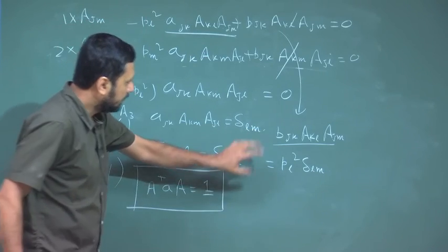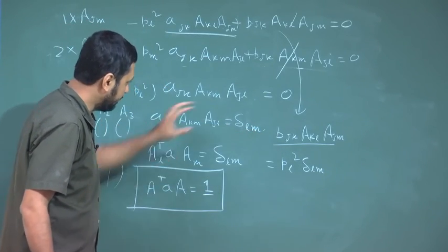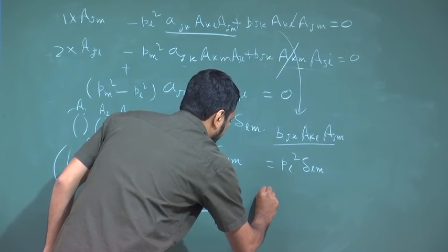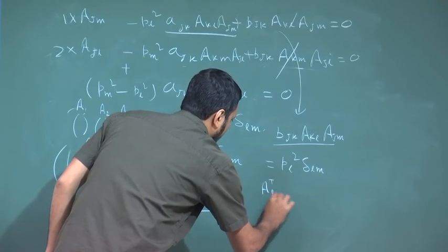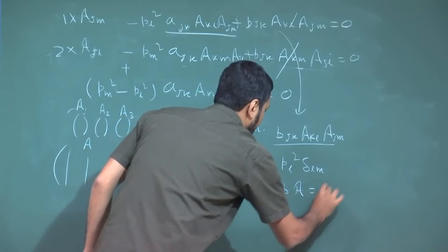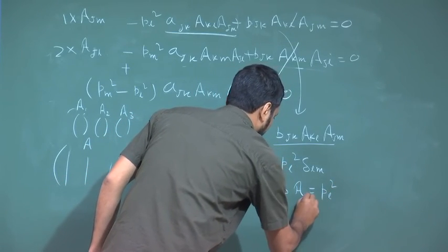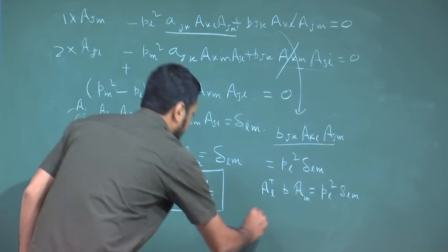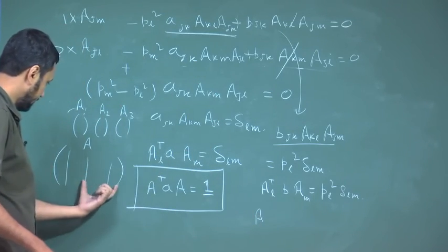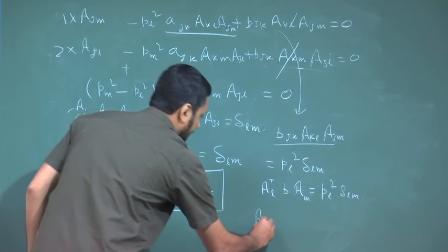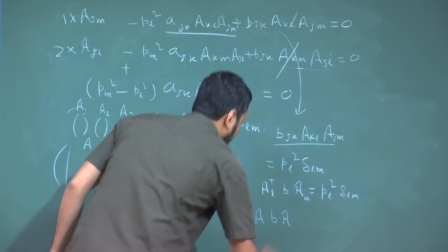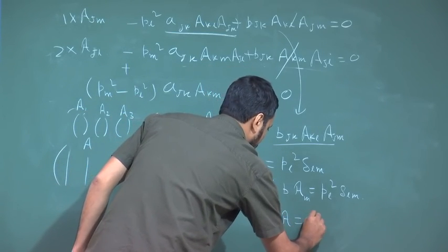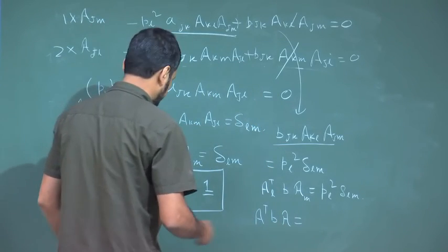So, once again this is also a matrix operation. In a similar manner, if I construct it in the A matrix form, we can either write it as A transpose L B A equal to P L square or delta L m, or in more general form, if we construct this square matrix out of A's, we can write this as A transpose B A equal to, how do we write it?